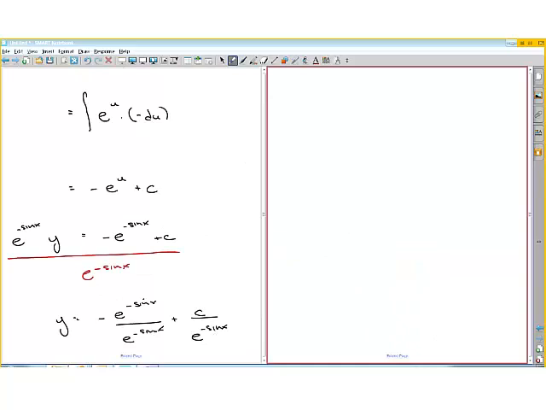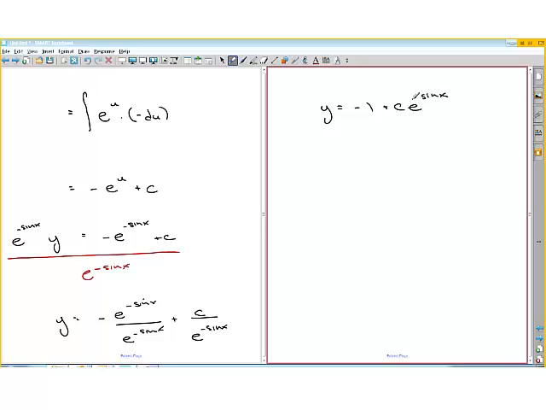And we can move that to the numerator because we always just change the sign. So we get -1 plus c times, oops, that's wrong, e to the sine of x.